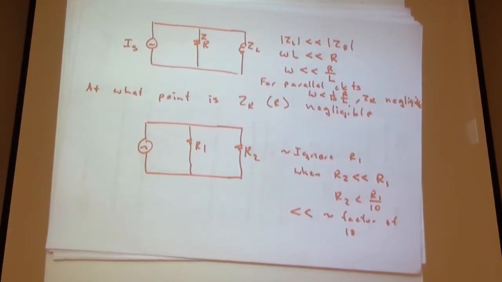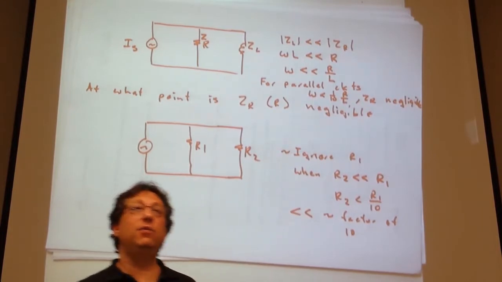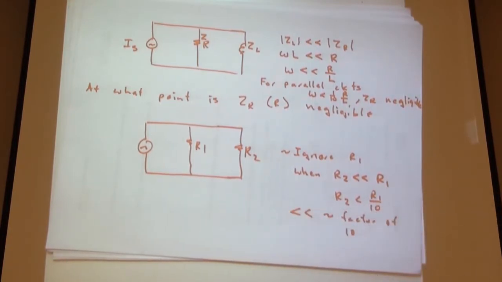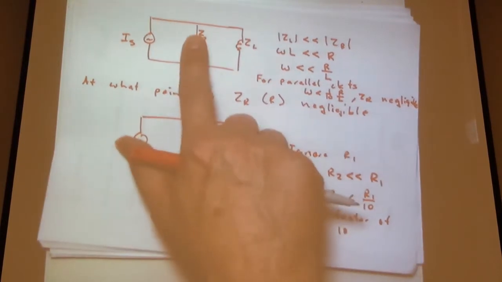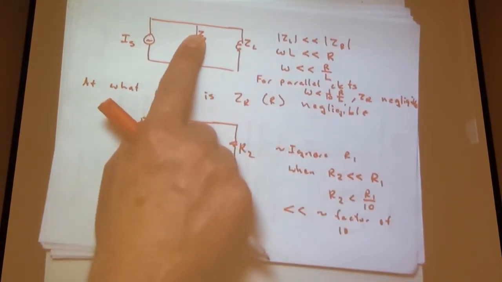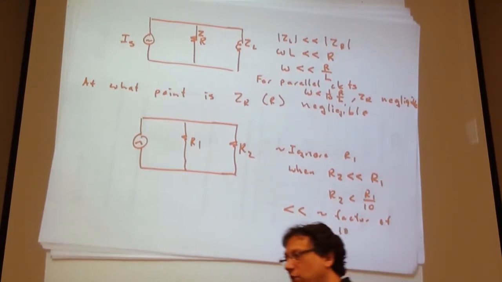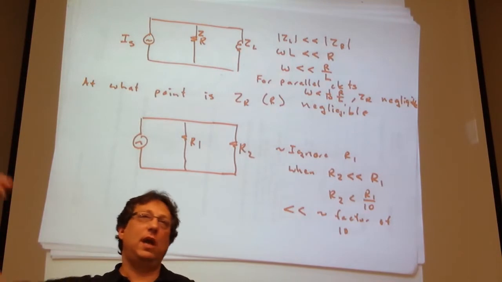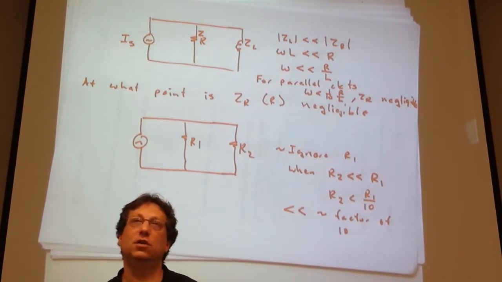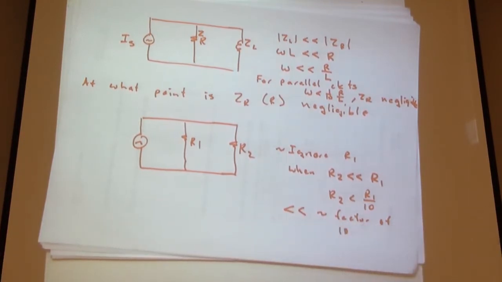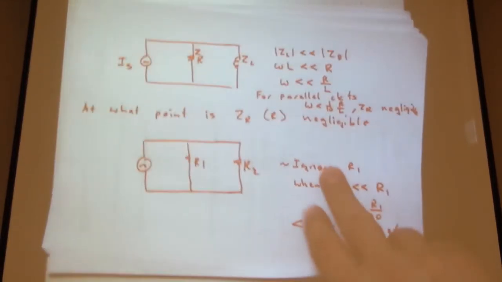So there's a reasonable scaling, and there's a frequency range. Below a given frequency, all we're left with is an IL circuit. That's essentially what we're saying. So we can do the same approximations that we did in Unit 1, where we have big resistors and small resistors. In this case, a big impedance.